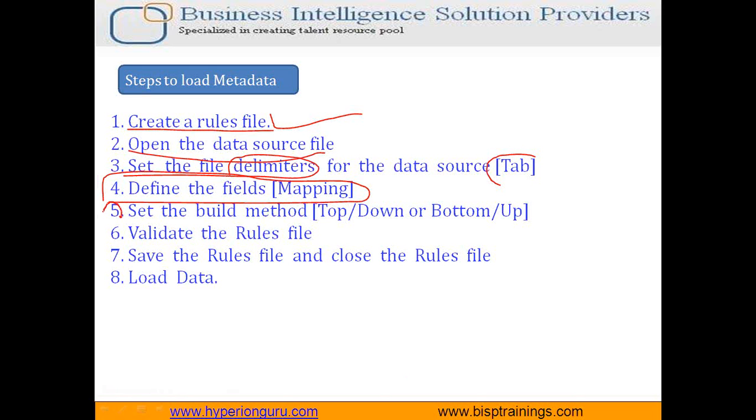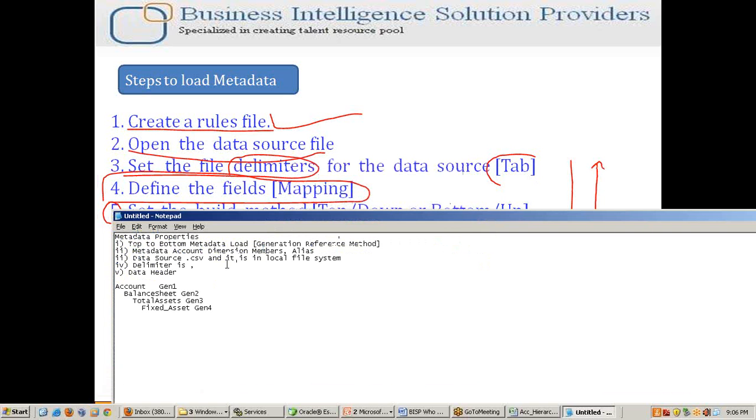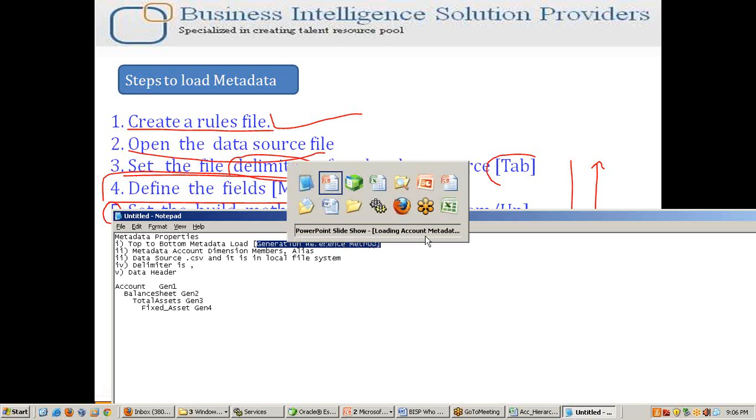The fifth step says what kind of metadata I have. It's top to bottom or bottom to up. In my example, as we analyzed, my metadata is from top to bottom, and therefore in the Essbase context we call this the generation reference method.